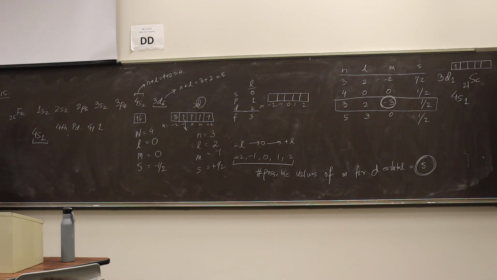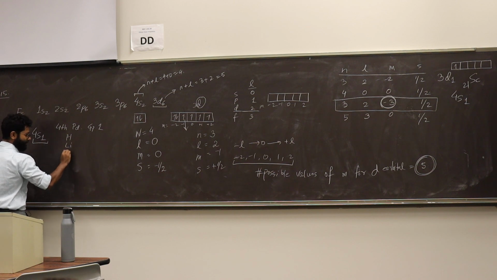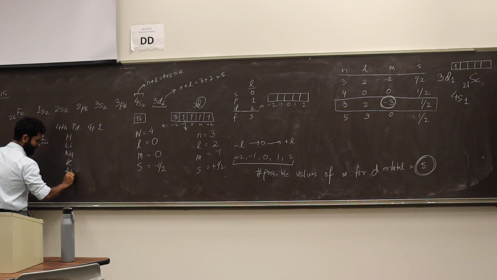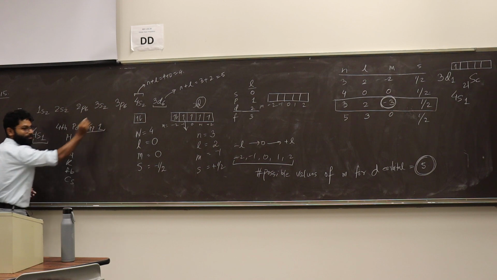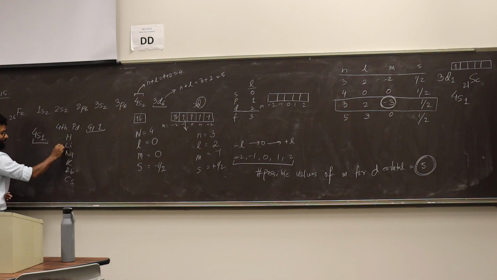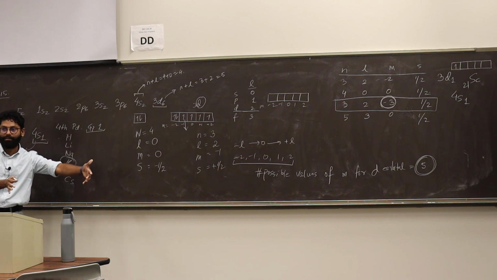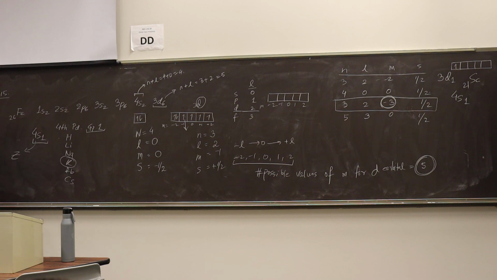Who knows? Does anyone remember? It's an alkali metal, because it's group 1. So this is 1, 2, 3, 4. So it's potassium, right? And then, if it is 4s1, can you find out the atomic number? Because if it is 4s1, you also know what went before that. So you can go through the atomic number route.